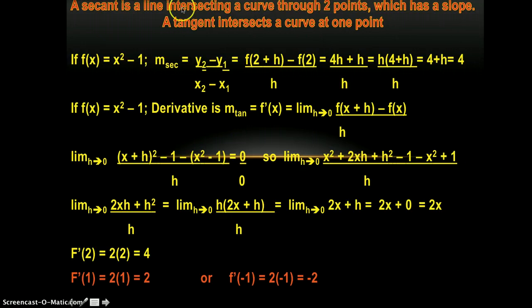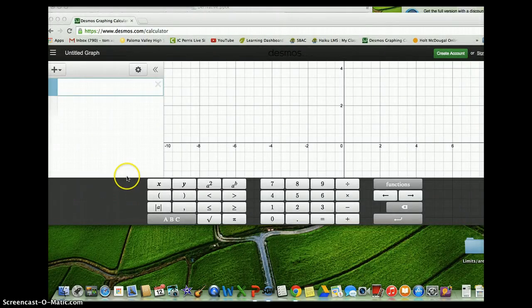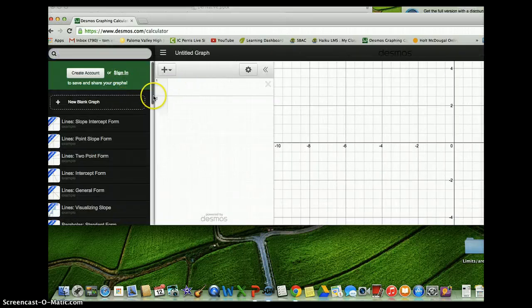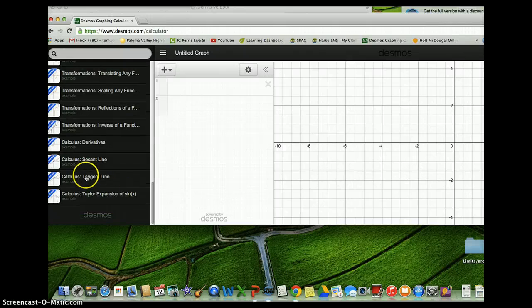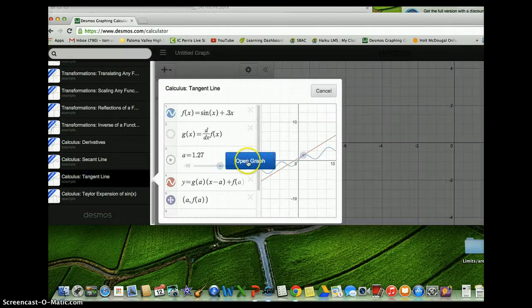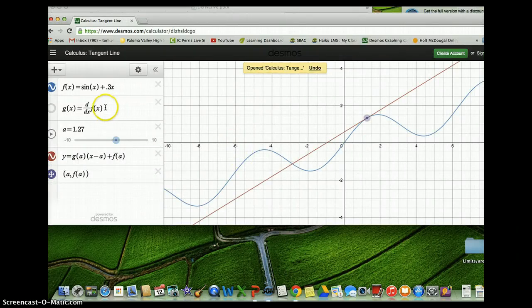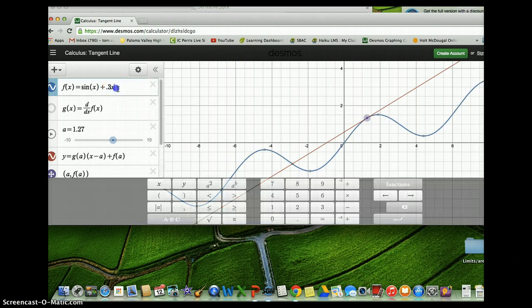So now what I want you to do is go onto your Desmos calculator, and we're actually going to do this on our graph. So go here in the drop-down menu and go down to, here it is, calculus tangent line, and turn that on. Now the equation that they have here, we're going to replace, and once we replace it, we could put any equation we want in here.